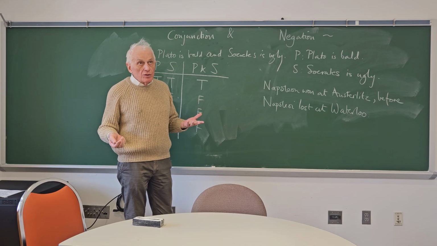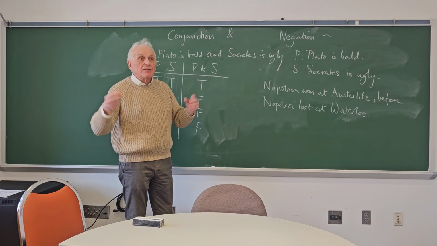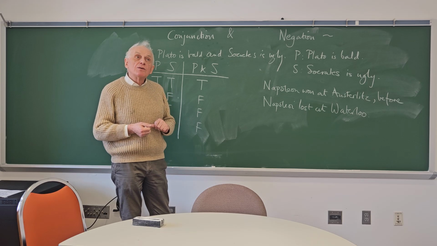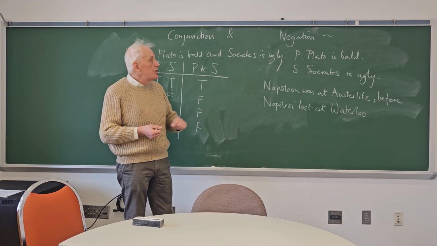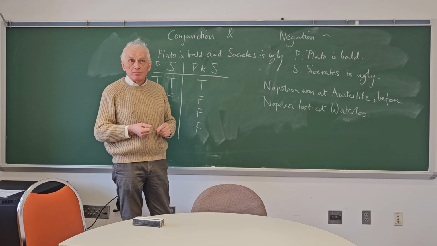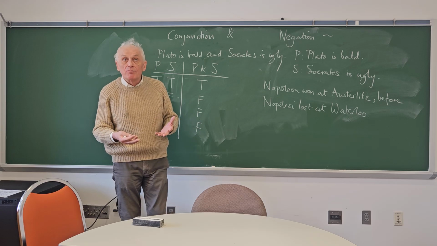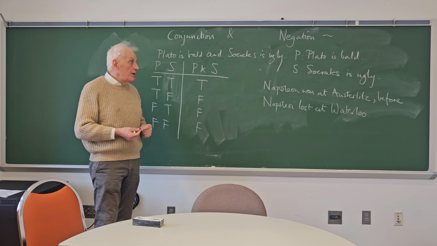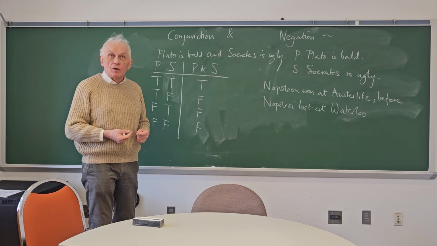But we don't know the truth value of this compound sentence unless we know something else. We have to know which battle came first. Austerlitz did come first. So this sentence is actually true. Napoleon won at Austerlitz before Napoleon lost at Waterloo.